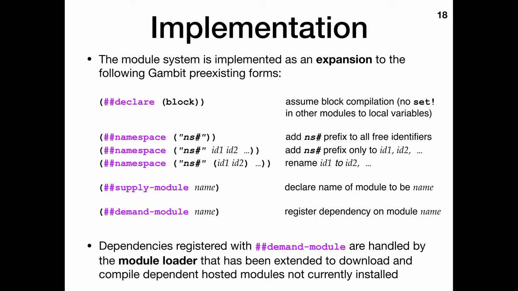If you have multiple imports, you may have multiple demand modules. There are some libraries that don't require demand module, but I will show that in a following example. And all registered modules are handled by the module loader that has been extended to download and compile the hosted modules that are not currently installed on the node.